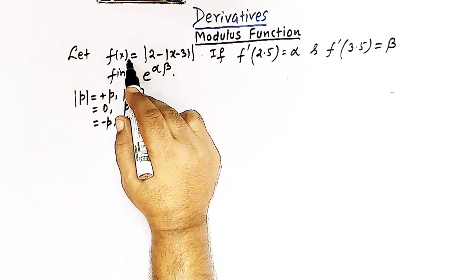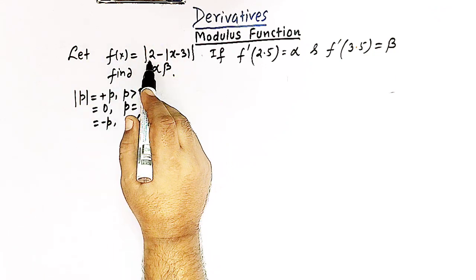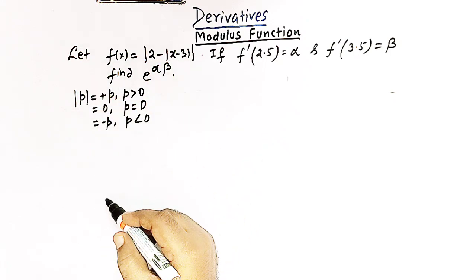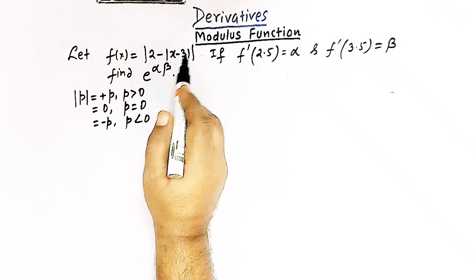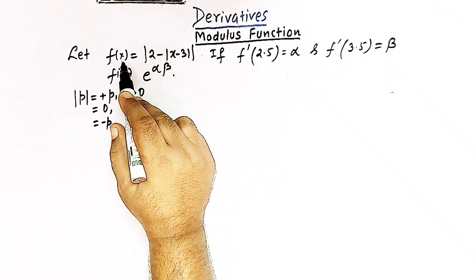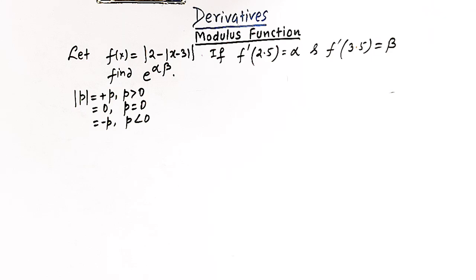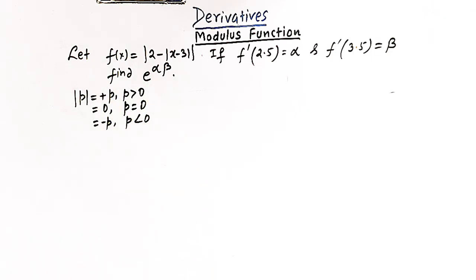So first our aim is to redefine this function f of x, or in other words we can say that we have to first get rid of these mod functions, right?